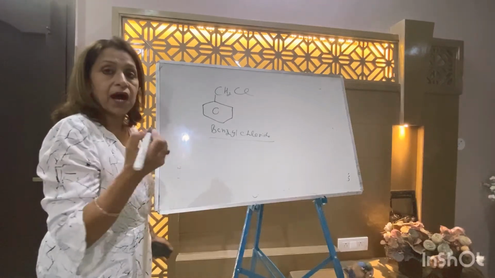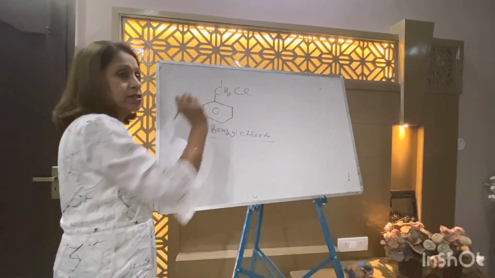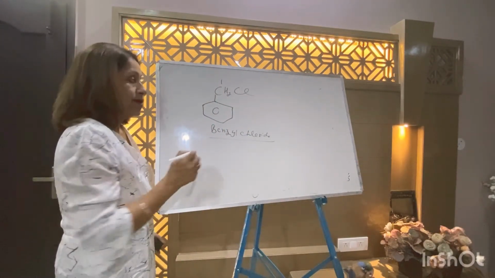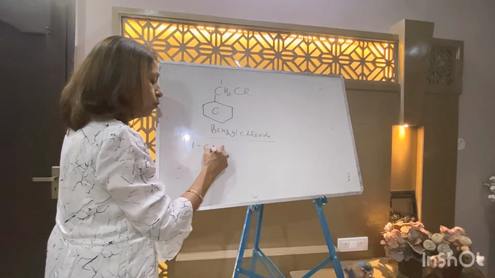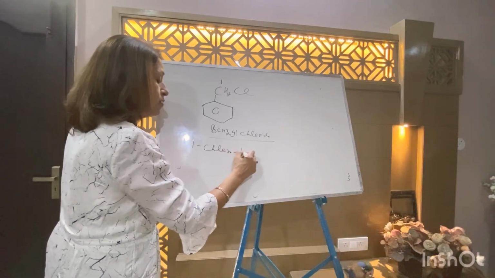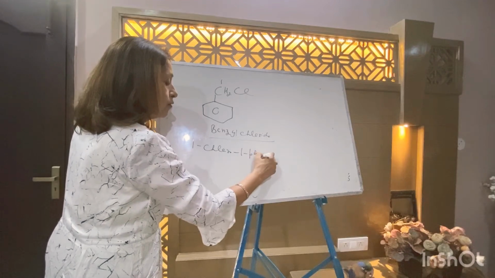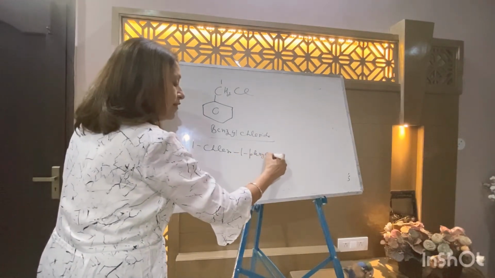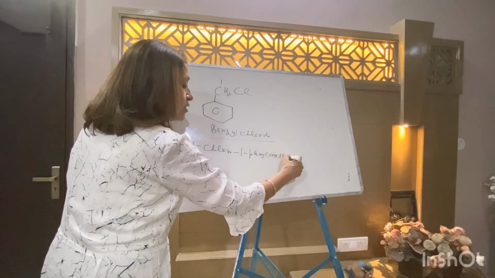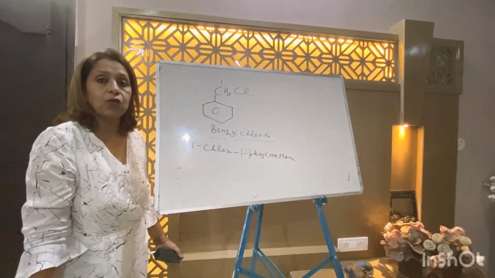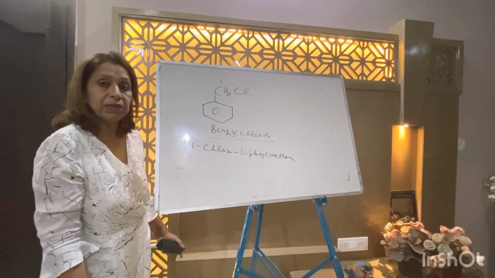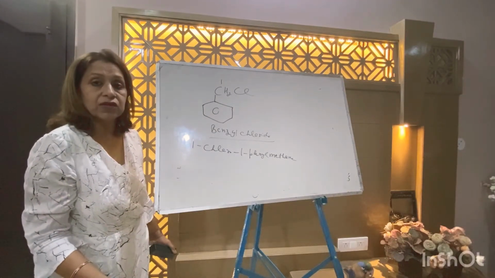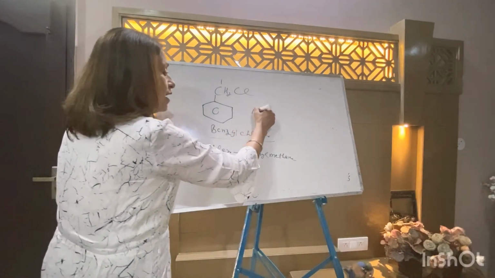Now, what is the IUPAC name? Just 1 carbon. So it's 1-chloro-1-phenyl, and the numbering is on a methane. 1-chloro-1-phenyl-methane. Dear children, it is an R-alkyl category.